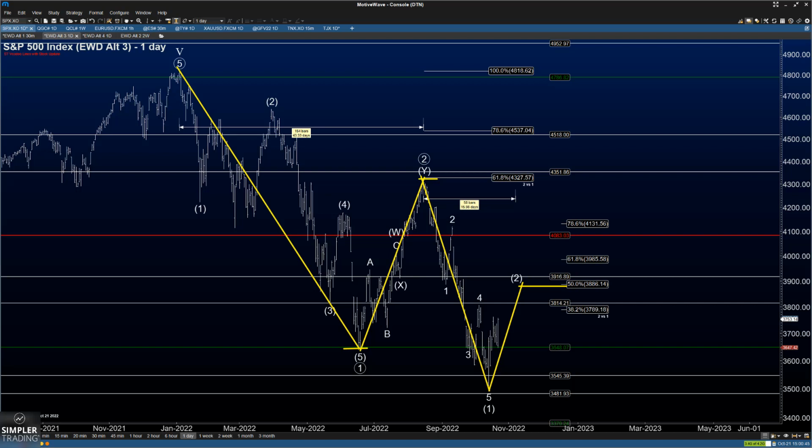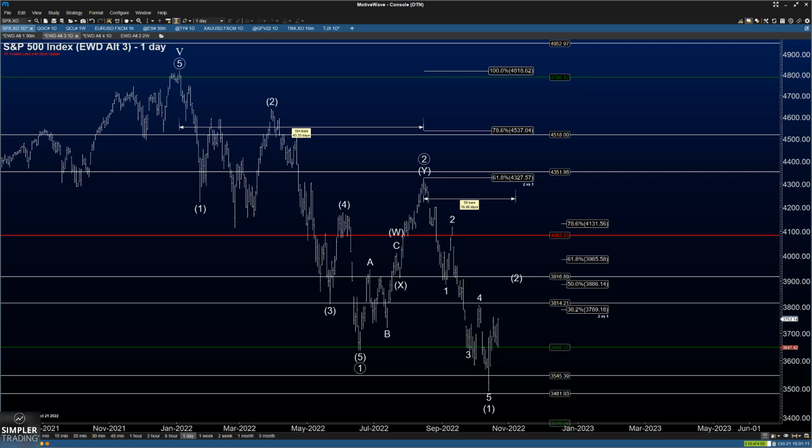So maybe if we're following this script, we retrace to about 38.86 or so, and then roll over. Again, it doesn't have to go exactly that way, and I don't yet know for sure that we are in this scenario, but this is something to watch, and that is an area I want to watch along with 3,900 roughly, which is a little bit above it.